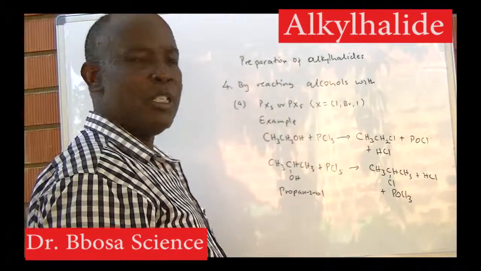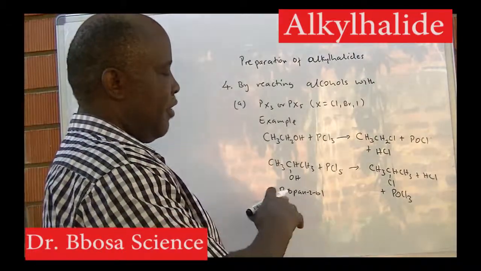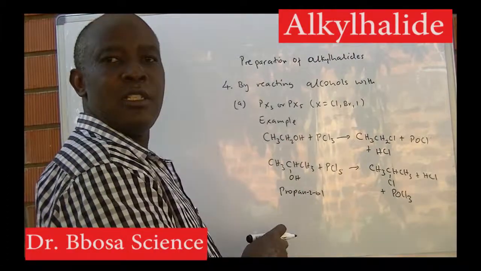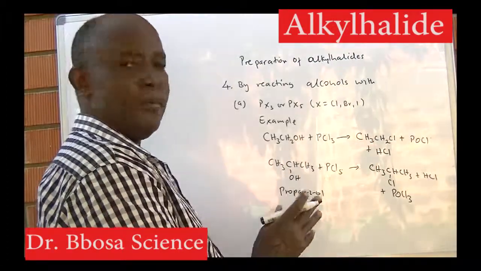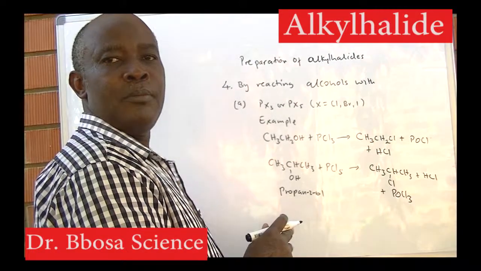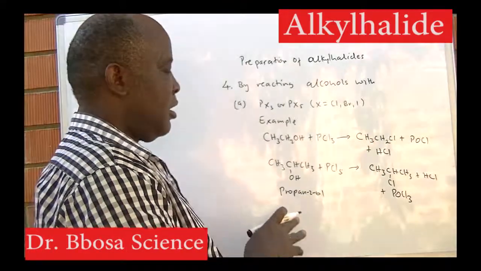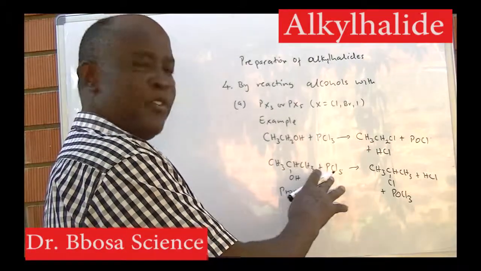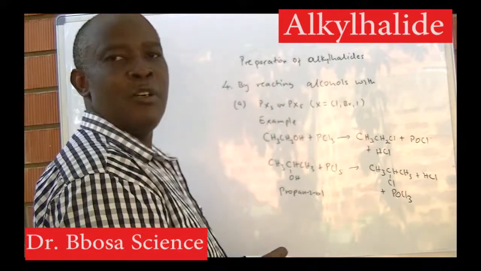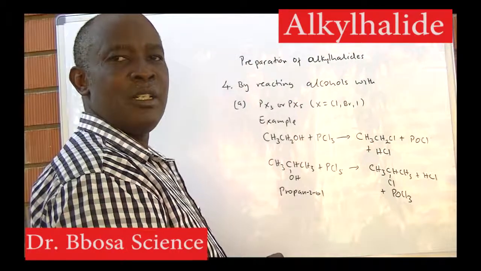HCl fumes in moist air, therefore alcohols produce fumes with phosphorus pentachloride.